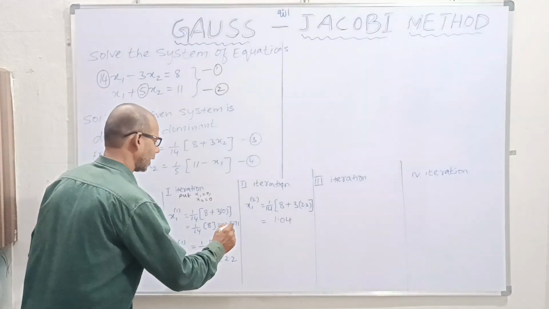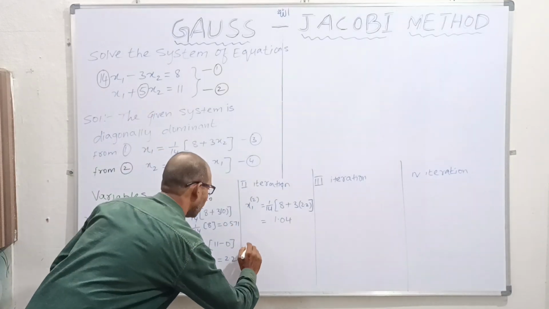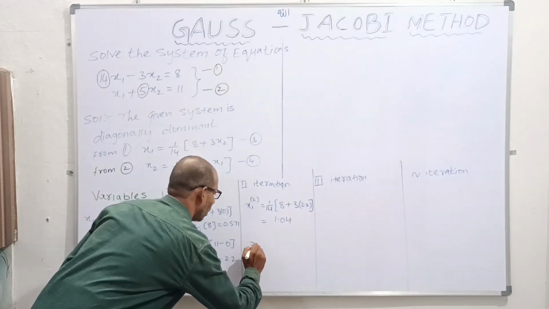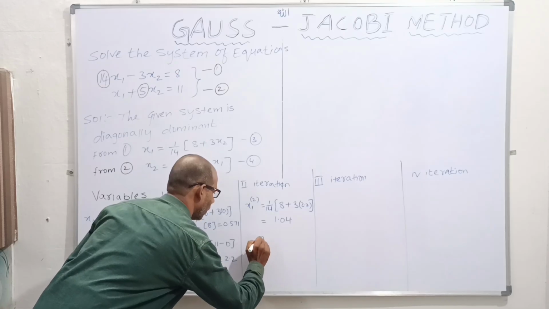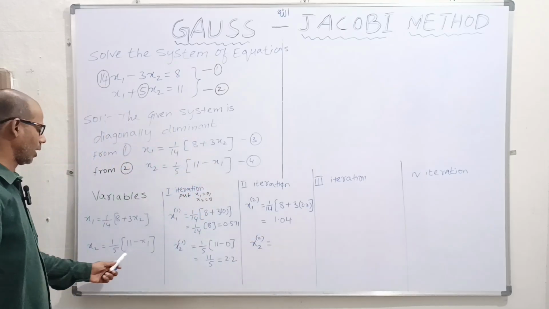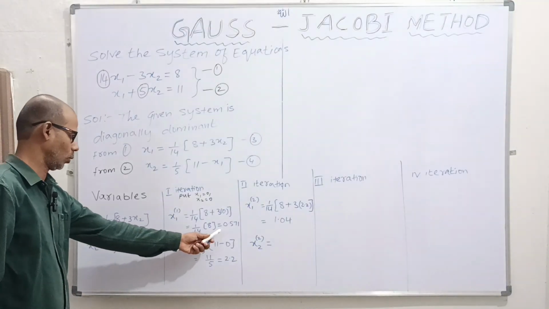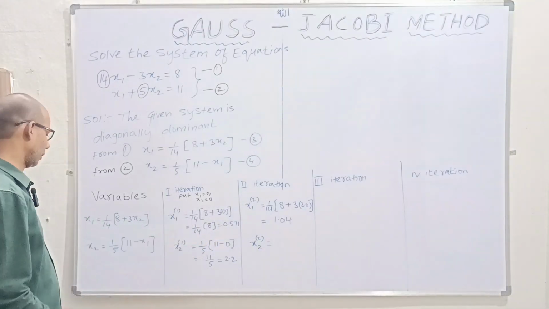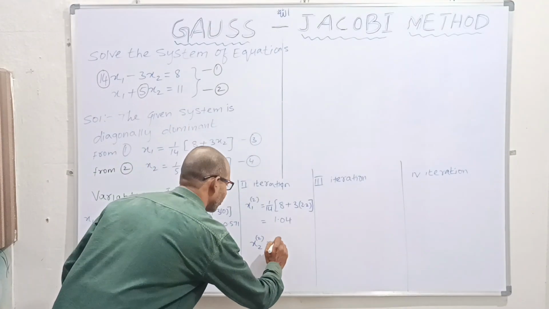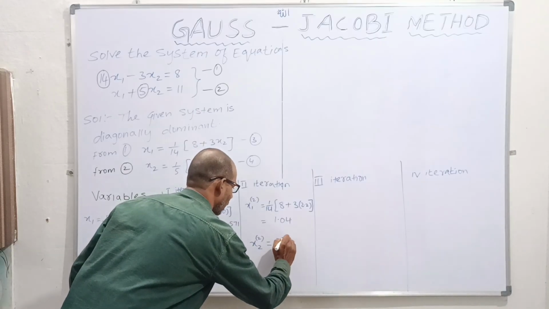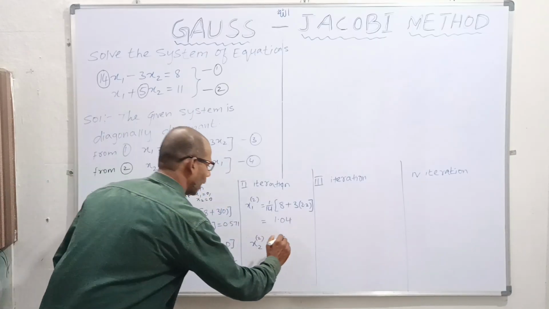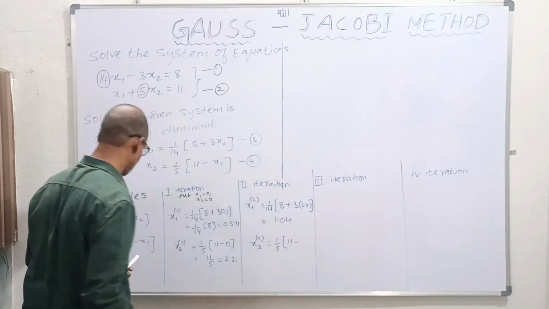Similarly, for the second iteration of the second variable x2, we use the same equation, but in place of x1 we will use the new value. So that is equal to 1 by 5 into 11 minus x1.